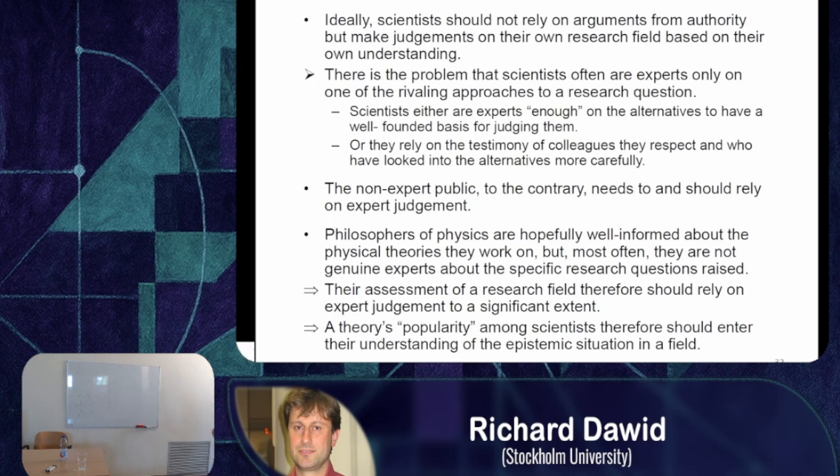For a scientist working in that field, of course, the ideal situation would be that the scientist does not rely on arguments from authority, because the scientists should view themselves as the authority on the topic. Of course, that's ideally; in praxis, this is not fully fulfilled, but it would be the concept of being an acting scientist in the field. Therefore, from the scientist's perspective, the question whether or not a majority of physicists work on a specific subject should not be all that relevant.